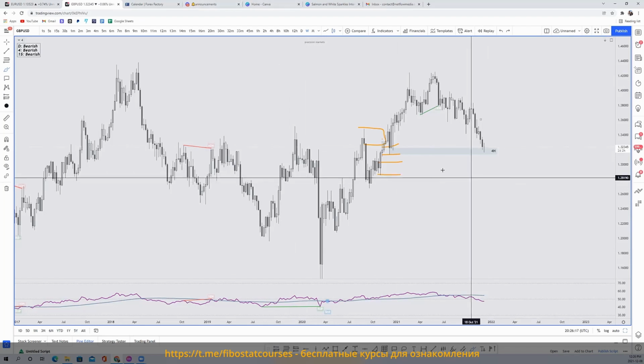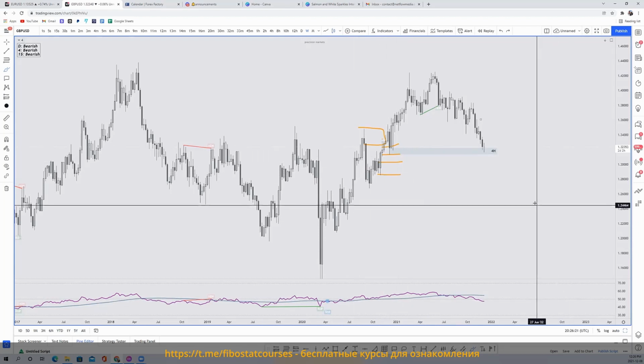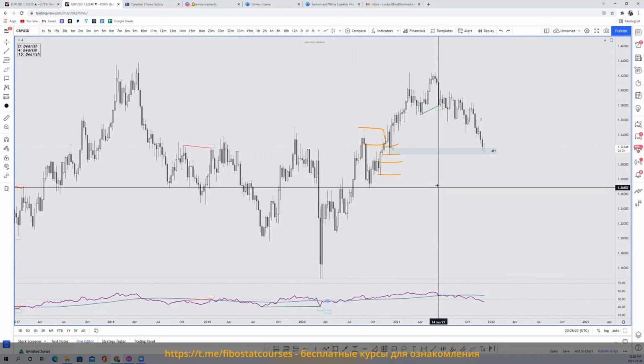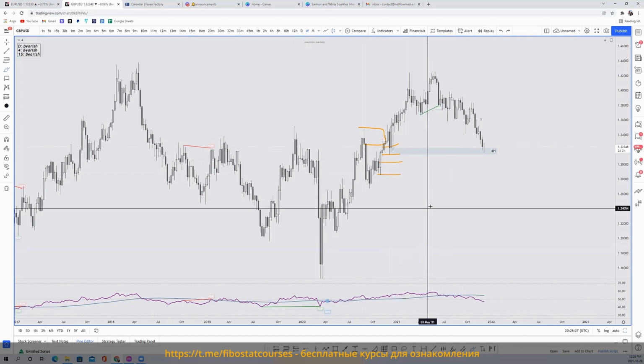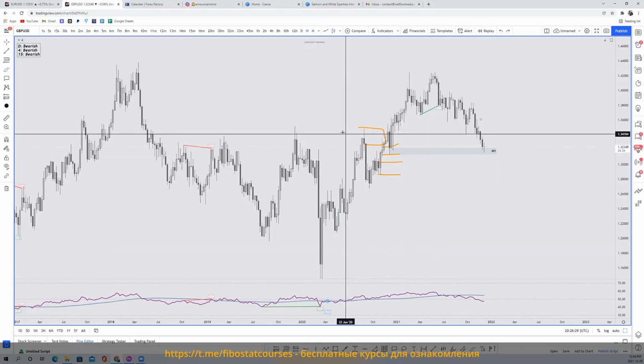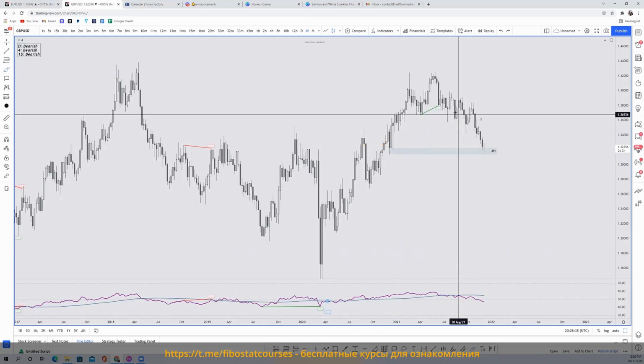So with GU, one thing I've noticed with this pair is it likes wicks and it likes inside bars, and it seems to like the extremes a little more than Euro does. Euro's lazy and doesn't go to the extremes as often, whereas GU will come to the extreme a little more often than Euro. And that's just something you have to test with whatever pairs you're trading.